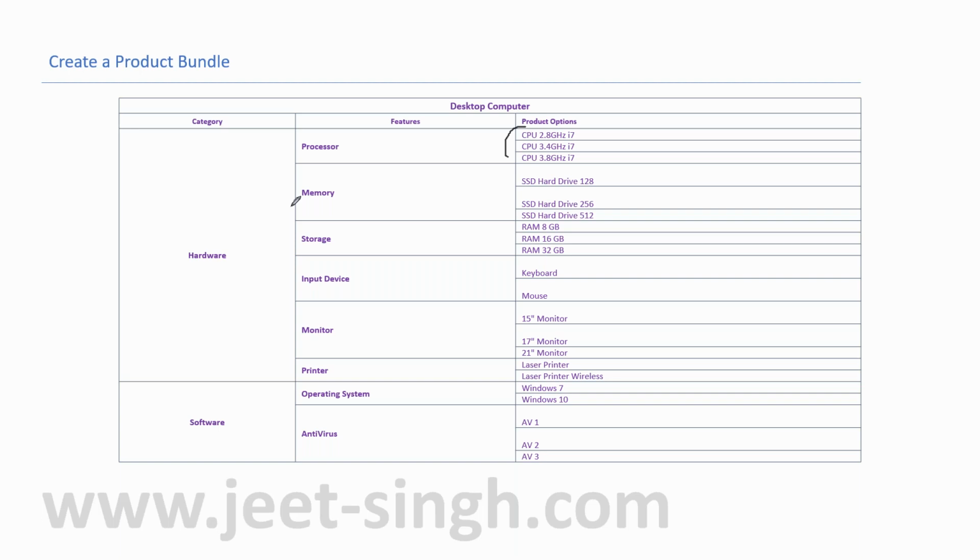Say there are 20. Now sometimes what may happen is you may need to categorize or group the features also, right? So like in this case, the hardware features and the software features. Okay, and then again under feature we have got the options.